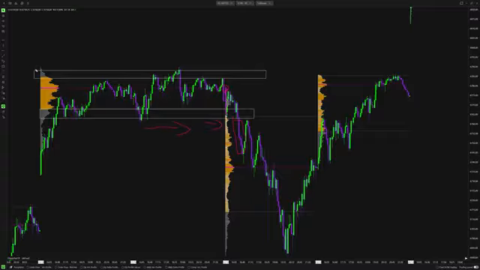And most of the selling happens when we try to get outside of here, for example. And most of the buying always happened when we try to get below here, because we are outside of the normal distribution and of the statistical probability that price will stay inside of that area. So whatever goes outside is an anomaly.